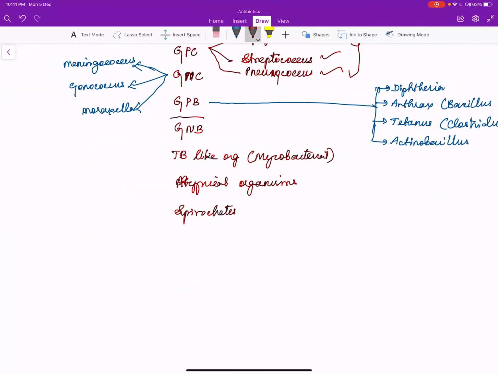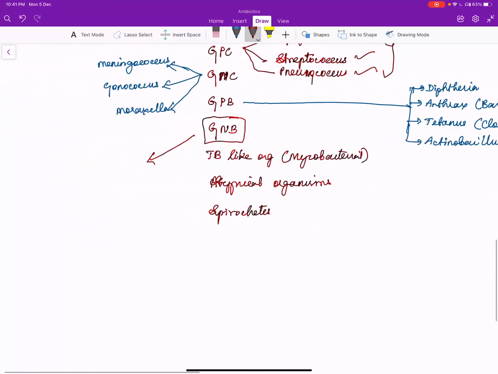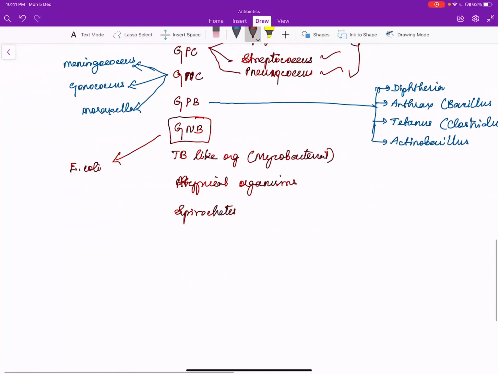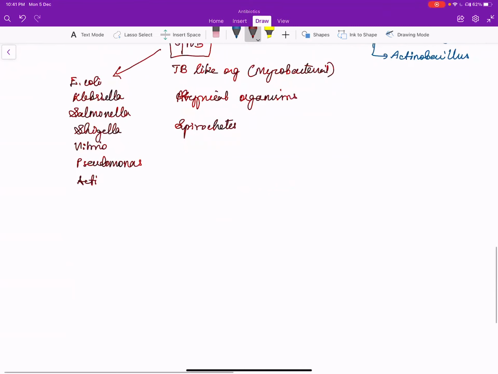All other organisms which come to your mind come under the huge category of gram-negative bacilli. Starting from Enterobacteriaceae, most of the gram-negative bacilli are in the intestine, so they are called Enterobacteriaceae. So E. coli, Klebsiella, Salmonella, Shigella, Vibrio, Pseudomonas, Acinetobacter.